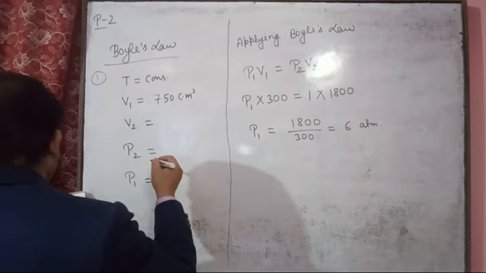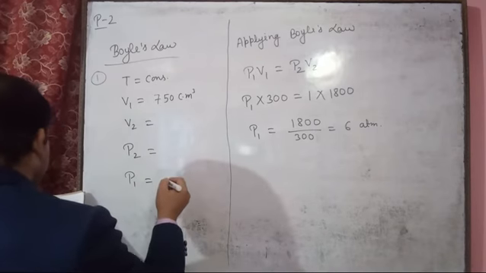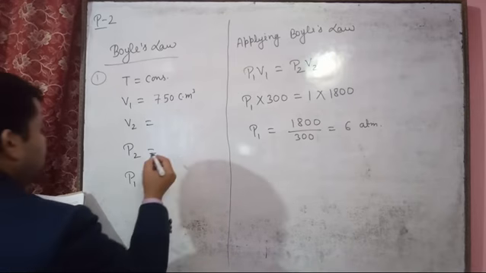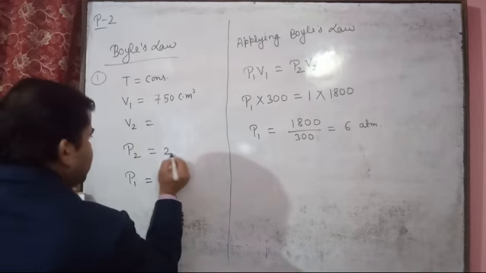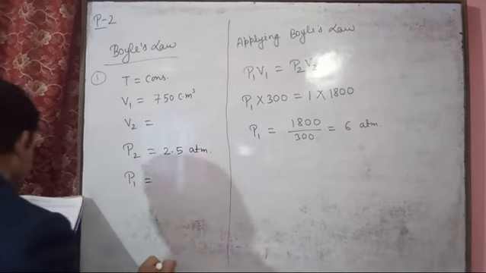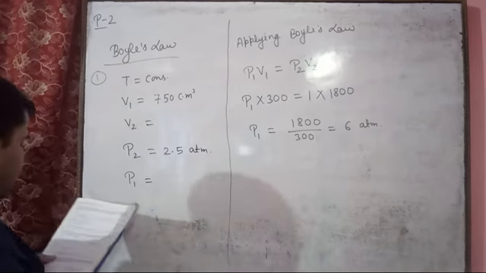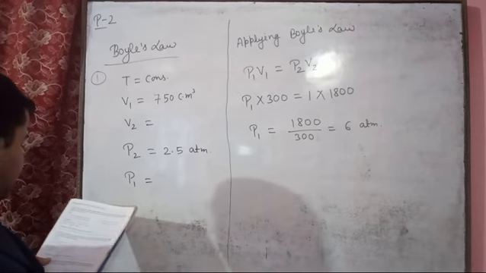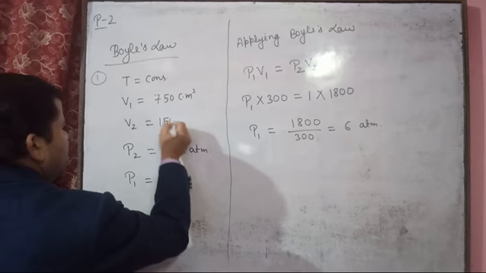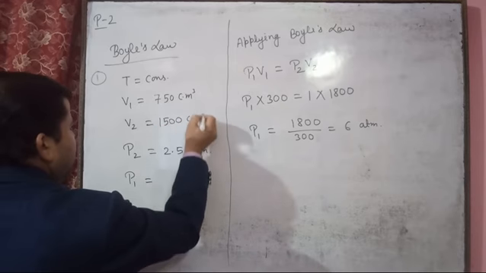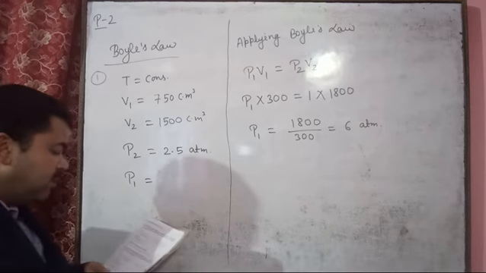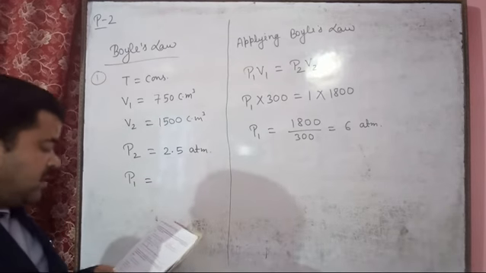Then, when the pressure was changed to 2.5 atmosphere, so the final pressure is 2.5 atmosphere, it occupied 1500 centimeter cube. So 1500 centimeter cube is the second volume. And what was the initial pressure if the temperature was kept constant?